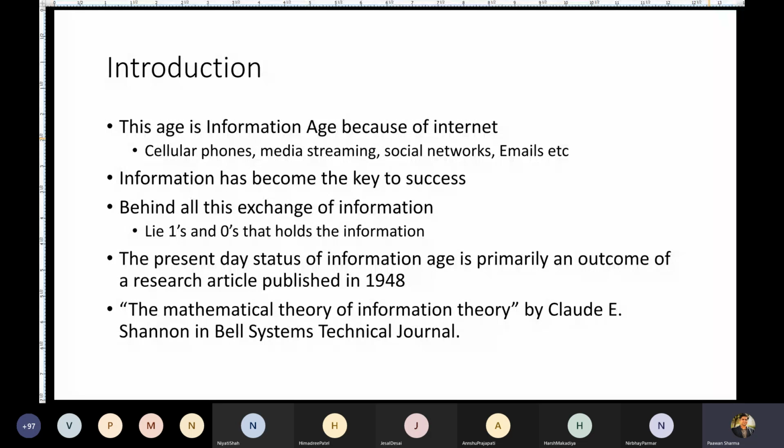Can someone say the difference between data and information? Anyone like to give a try? Data and information, what is the difference?